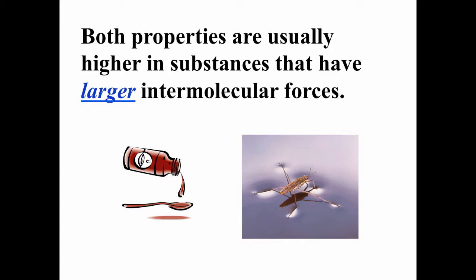Molecules that maybe don't have that strong intermolecular forces but are tangly molecules will tend to be more viscous, not flow as readily, and things that have strong intermolecular forces will tend to have a higher surface tension kind of regardless. So note there are some differences between the two.